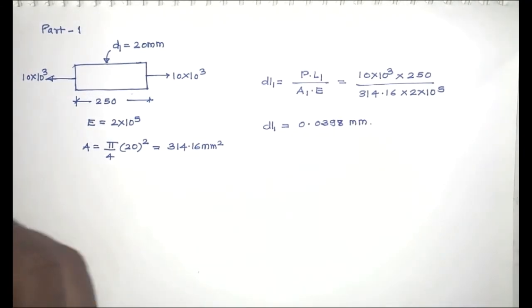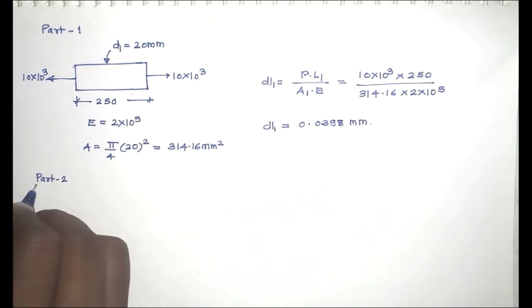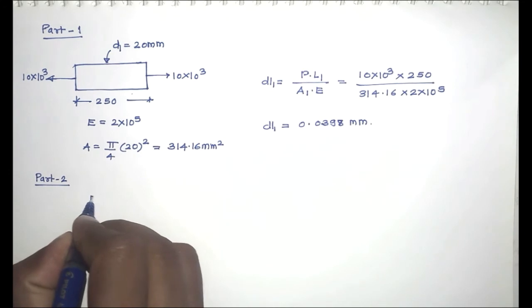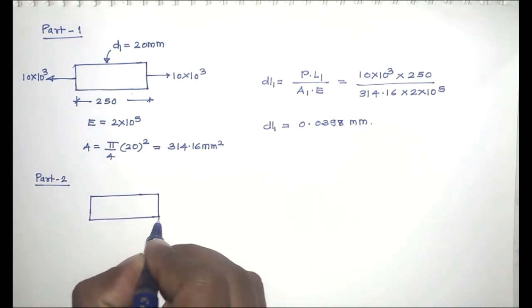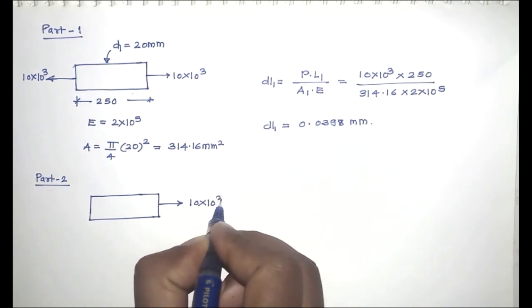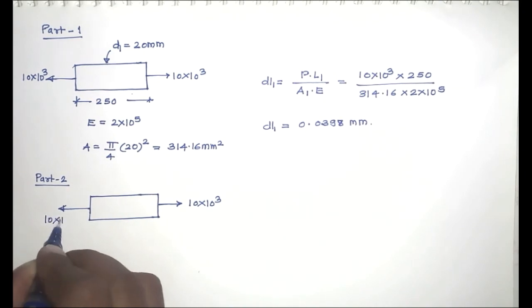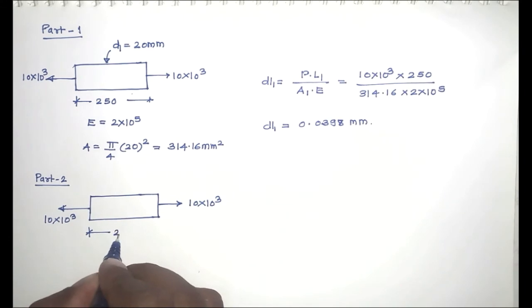Similarly, we will try to solve for part 2. In part 2, we have the force of 10 into 10 to the power 3 on the left hand side and an equal and opposite force of 10 into 10 to the power 3, and the length is 200 millimeter.